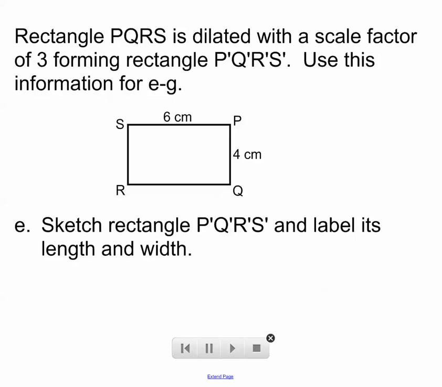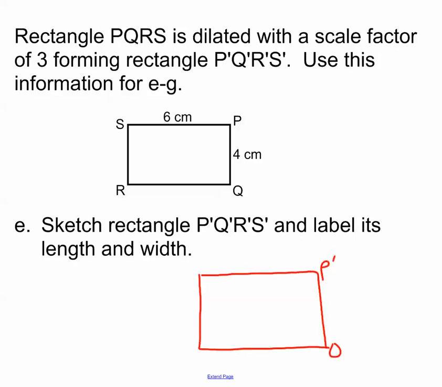So when you enlarge a figure or dilate it or increase its size by a scale factor, you create a new image, and usually this is kind of how they're named. So let's sketch the rectangle first. P prime, Q prime, R prime, S prime.